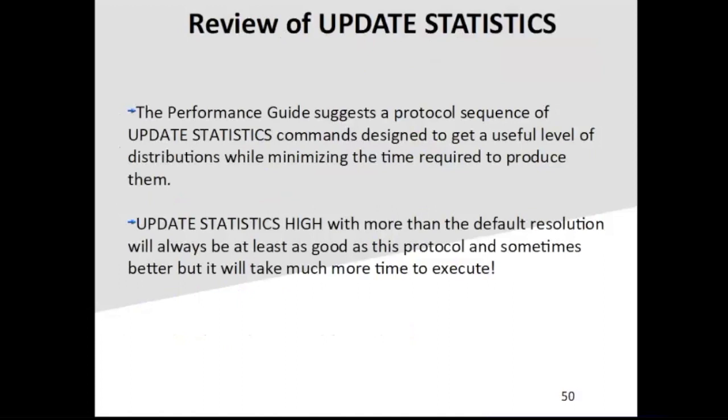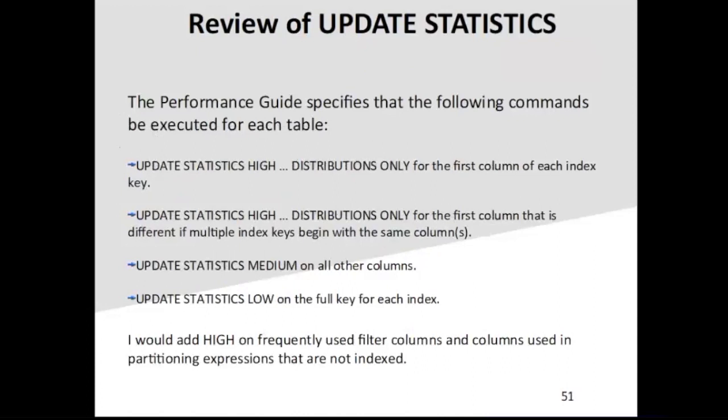If you look in the performance guide, it tells you what the recommended protocol is. The protocol is to do an update statistics high on the first column of each index key with distributions only option. Do a high distributions only for the first column in the index key list that's different when 2 indexes start with the same list of columns.